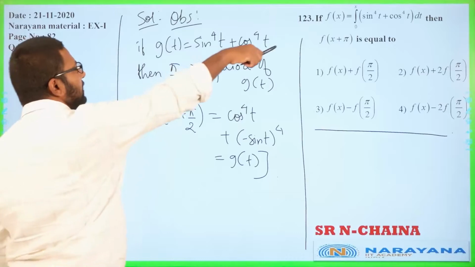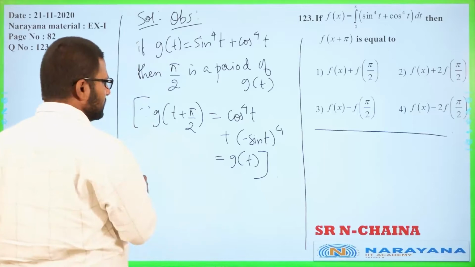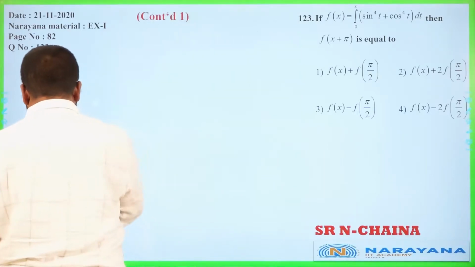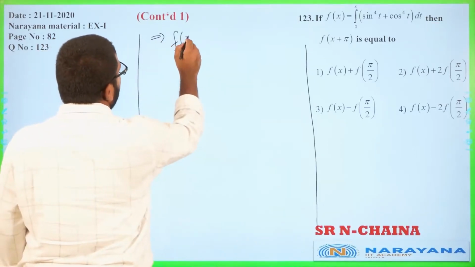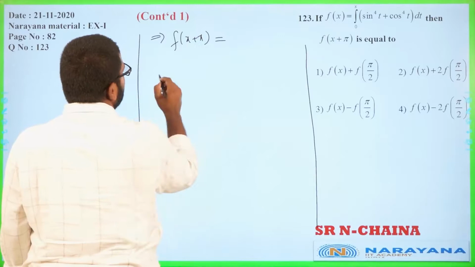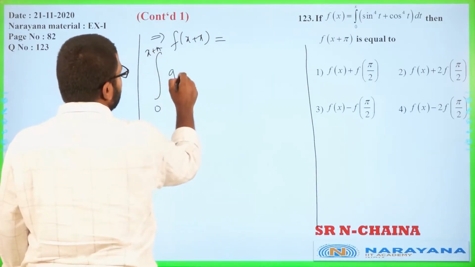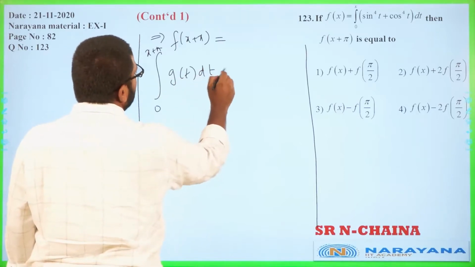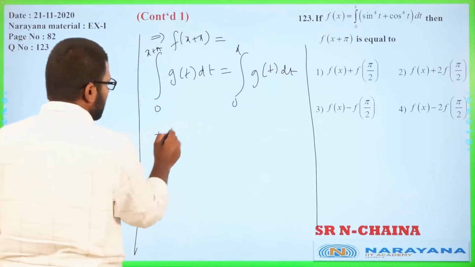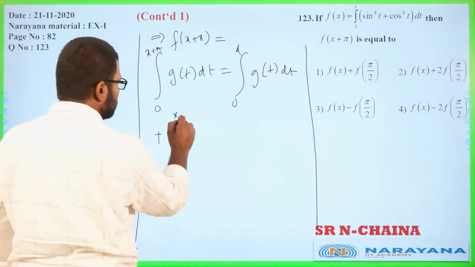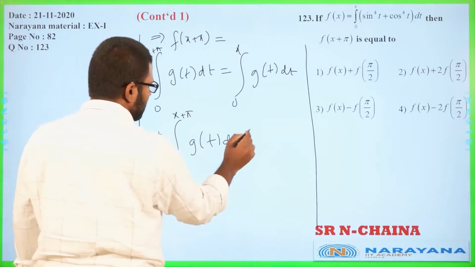So we know this is a period, and if it is a period, then let us write it in the next page, which means f of x plus pi can be written as integral 0 to x plus pi of g of t dt, which is integral 0 to x of g of t dt plus integral x to x plus pi of g of t dt, right.